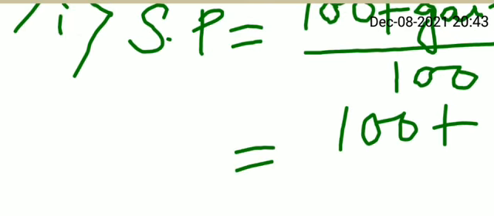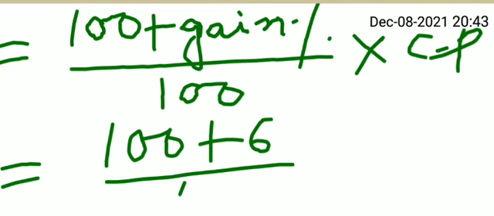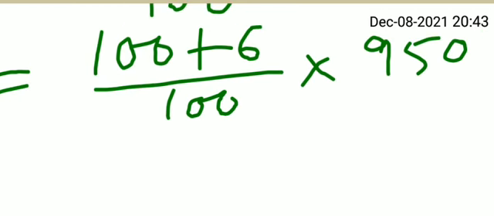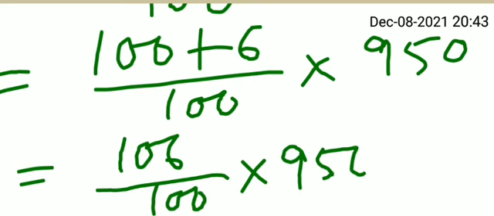So you write 100 plus 6 by 100 into cost price, which is 950. Okay, so now just calculate. You will get 106 by 100 into 950.